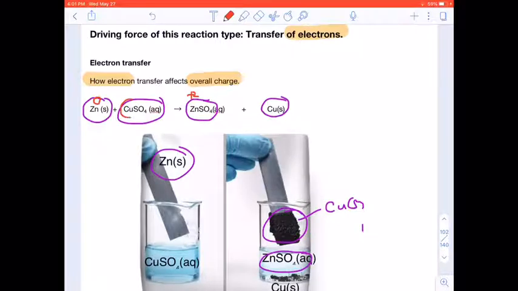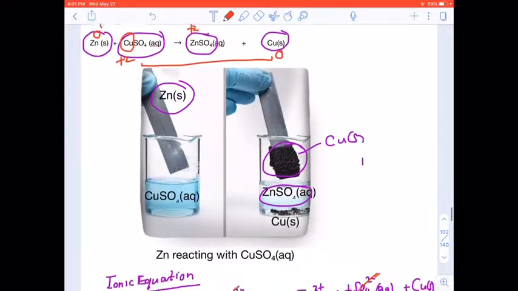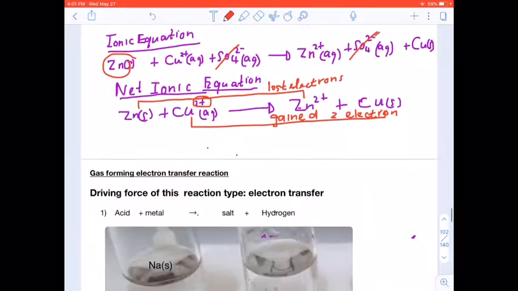Here copper is actually 2 plus, as you could see when we broke it up. And here it's neutral. So here it has gained electrons, and there it has lost electrons. So you could identify the type of reaction without even doing the ionic equations.